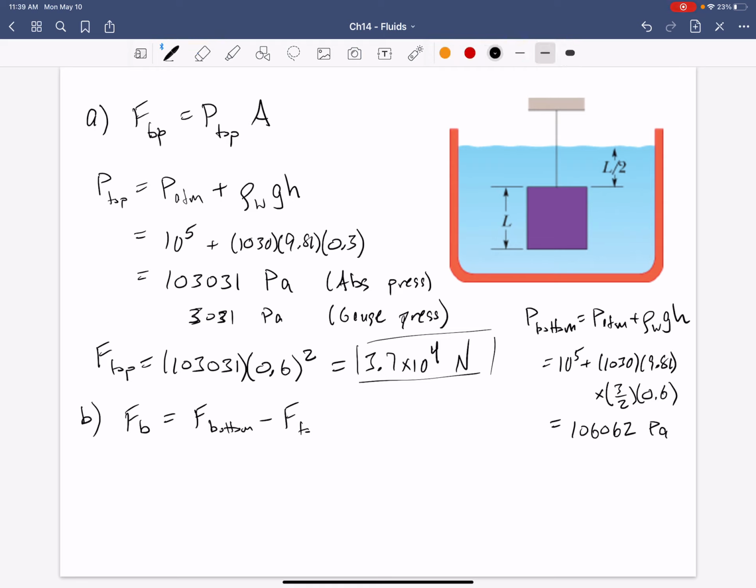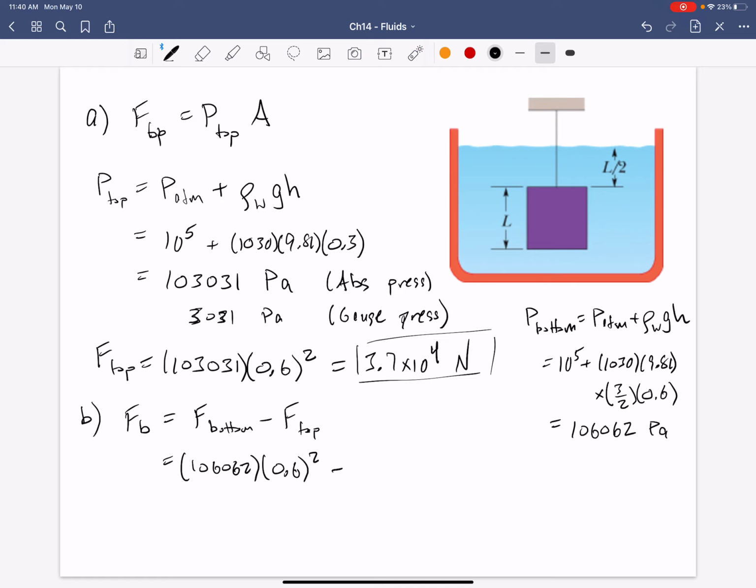So we take this pressure now and multiply it by the area, which should be the same as in part A: 106,062 times 0.6 squared. The area for the bottom face is L squared.